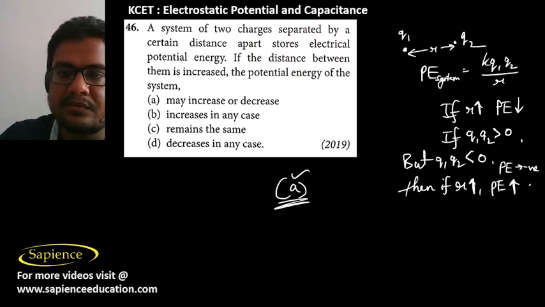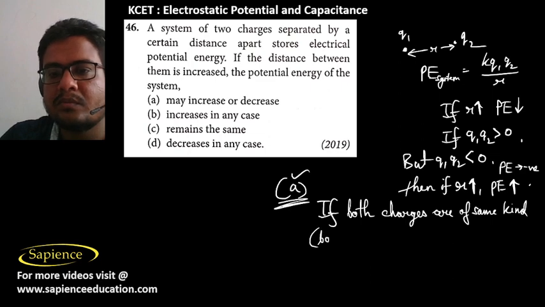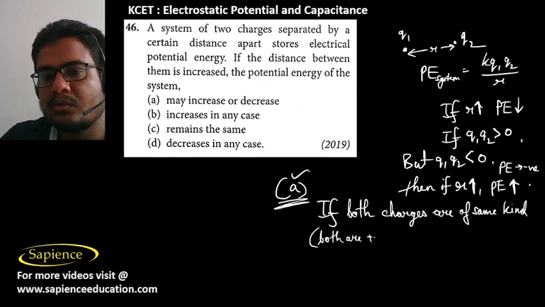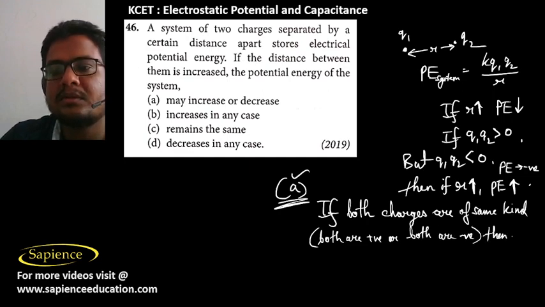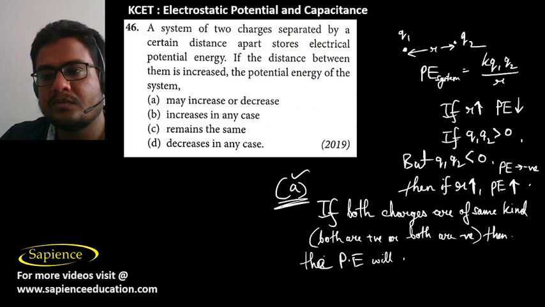So the rule is that if both charges are of the same kind, either both positive or both negative, then the potential energy of the system will decrease.